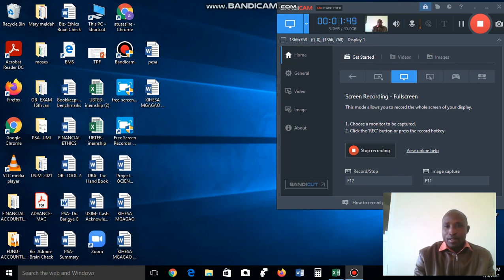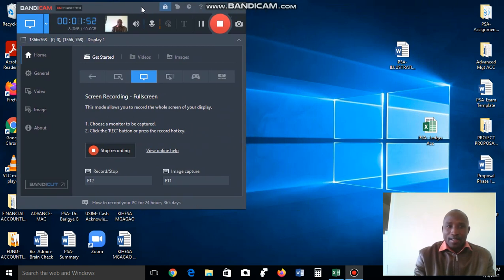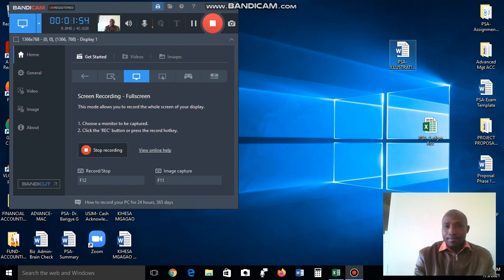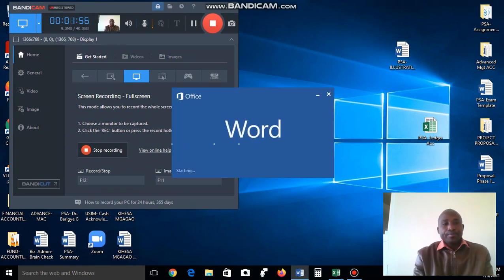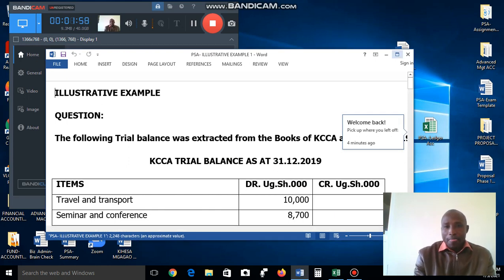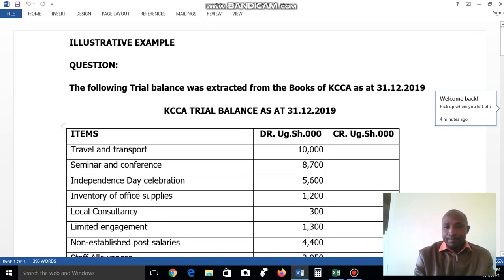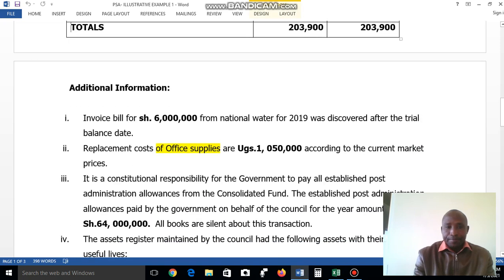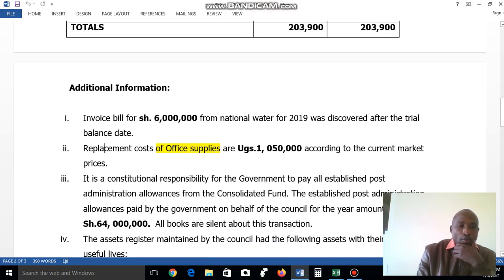So let me look for another item. Now where are we? We are going to go for this item. Item number 2: replacement cost of office supplies is 1,050,000 according to the current market prices.